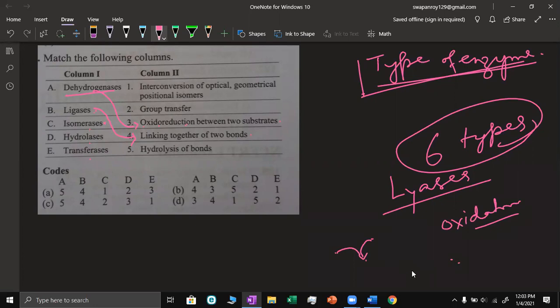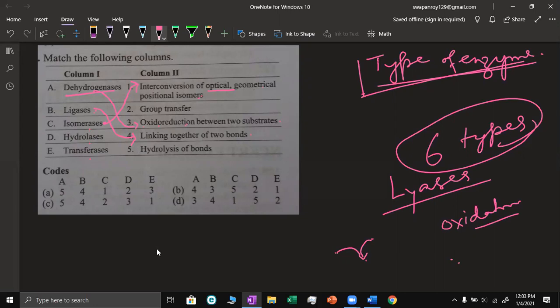Dihydroxyacetone and phosphoglyceraldehyde, they are isomers. So isomerase is for the interconversion of optical, geometric, and positional isomers. Isomerism is of three types: optical, geometrical, and positional. So this is isomerization.